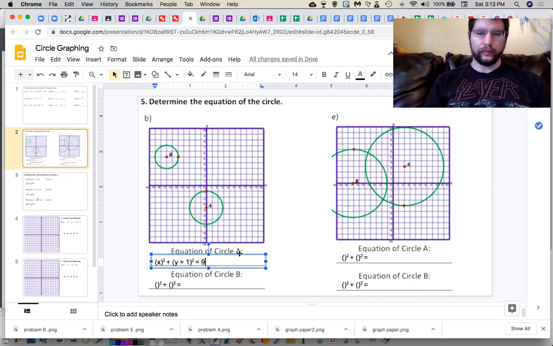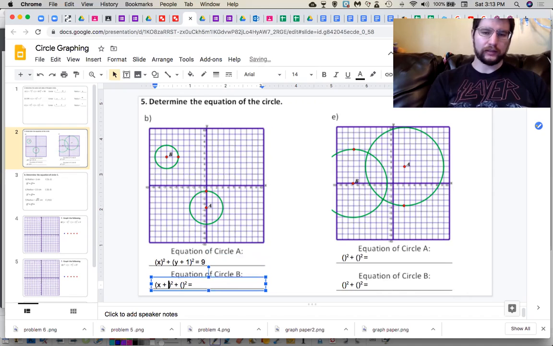That's for circle A. For circle B over here, our x-coordinate is, I think that's -7. Let me count to make sure. 1, 2, 3, 4, 5, 6, 7. Yeah. So it's -7, so that means x plus 7 is what I need. Always changing those signs.